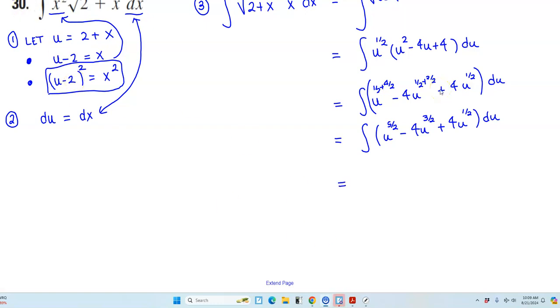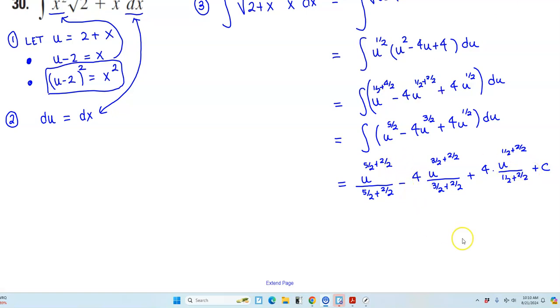So the antiderivative of the first term is going to be u to the 5/2 plus 2 over 2, over 5/2 plus 2 over 2, minus 4 times u to the 3 halves plus 2 over 2, over 3 halves plus 2 over 2, plus 4 times u to the 1 half plus 2 over 2, over 1 half plus 2 over 2, plus c.